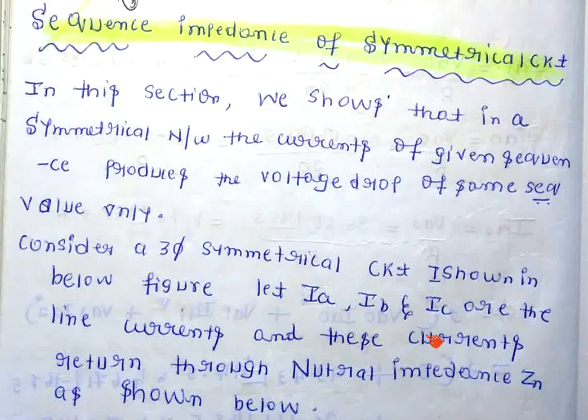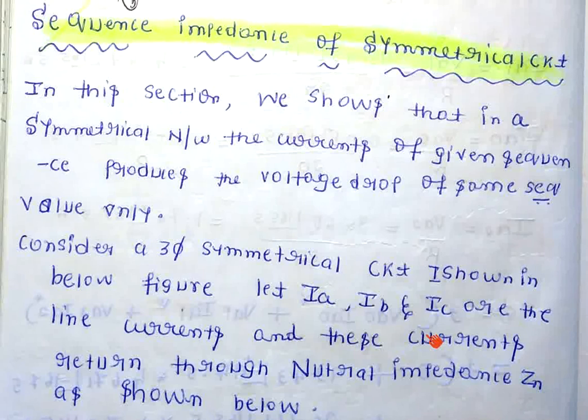The impedance of a circuit element when only positive sequence currents are flowing in the circuit, that is, only IA1, is called the positive sequence impedance. Negative sequence impedance means only the negative sequence components of current are flowing.